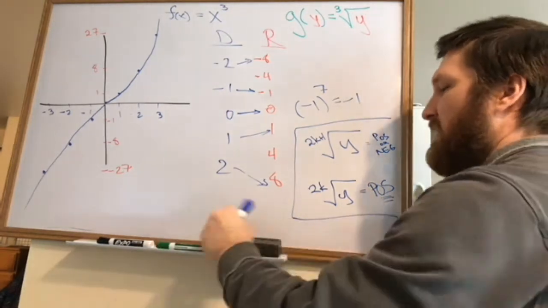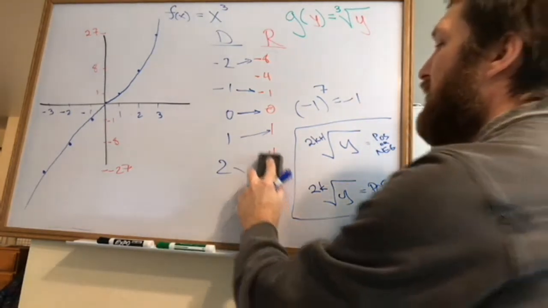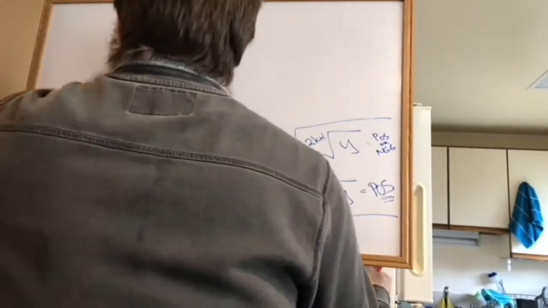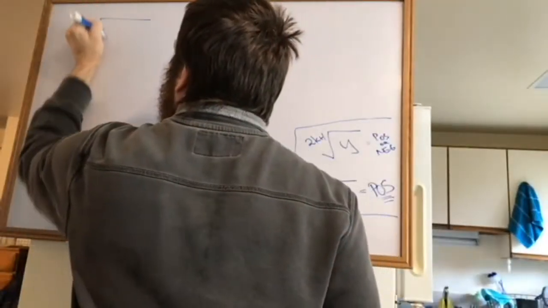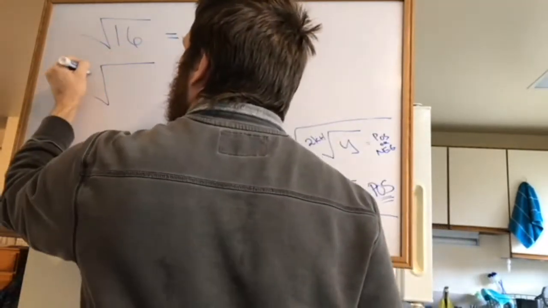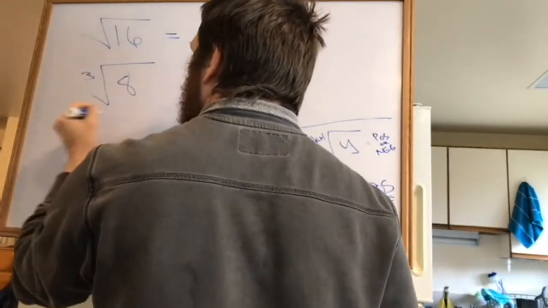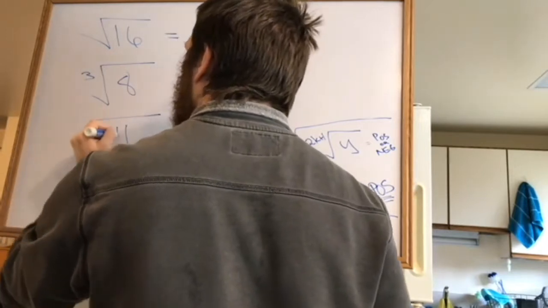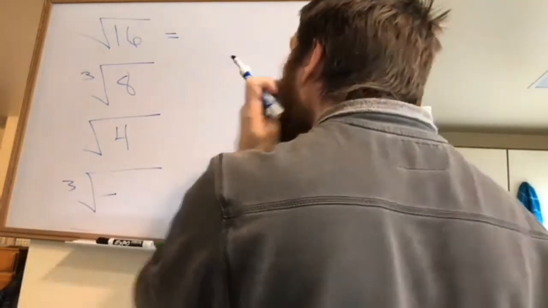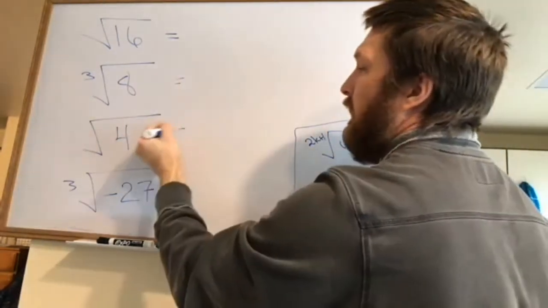No. Okay, let's check for understanding here. So let's get rid of some of this stuff. Let's take the square root of 16, the cube root of 8, the square root of 4, and the cube root of -27.